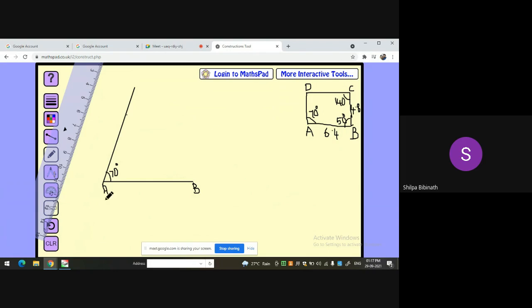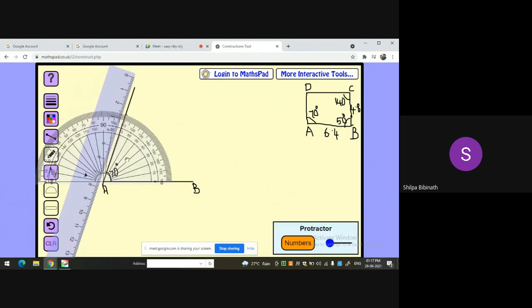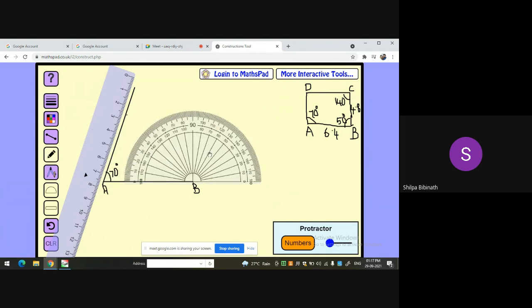Then what is given? Angle B. So angle B you have to take here. Keep the protractor properly. It should lie on this 0 degree. Segment AB should lie exactly on the 0 degree. Now what is the measurement given? 50. From here we will see where is 50 over here.